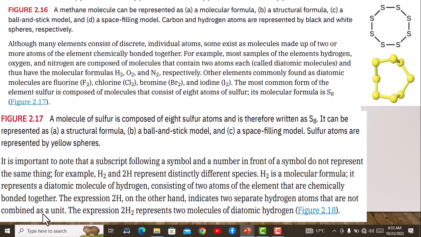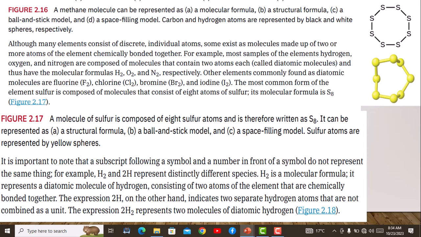Very, very important. The expression 2H2 represents two molecules of diatomic hydrogen. So two molecules of a diatomic molecule, and 2H just tells you that you have two hydrogen atoms, not necessarily bonded together as one.